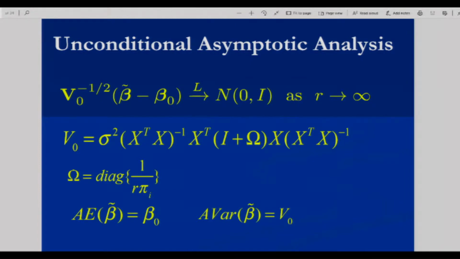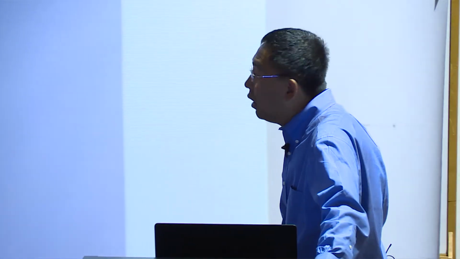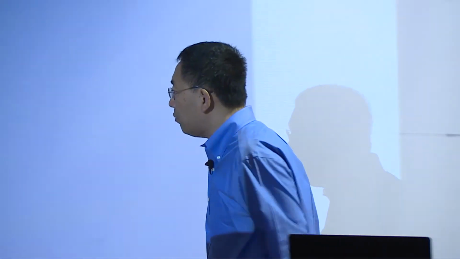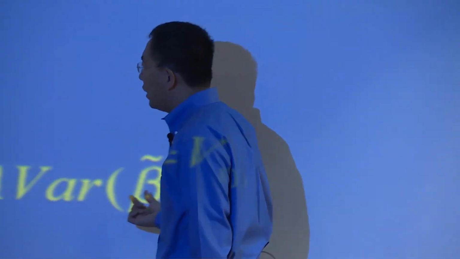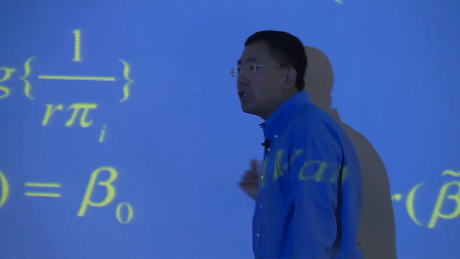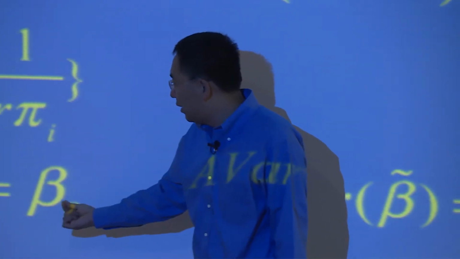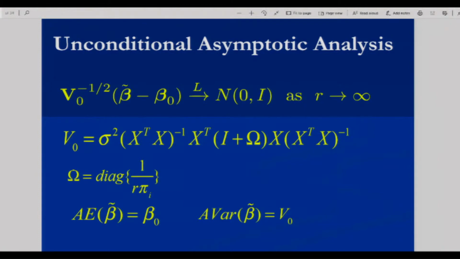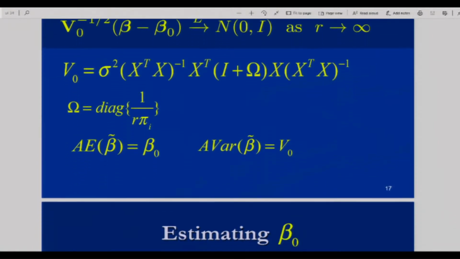Then we can combine the expectation and the variance to get the asymptotic mean square error. But there are several asymptotic mean square errors we can get.